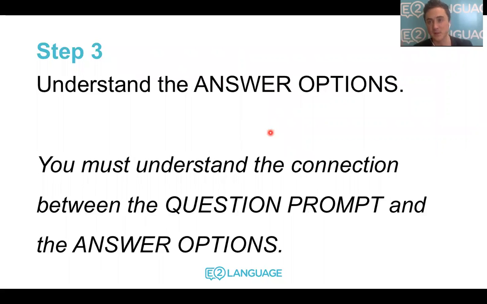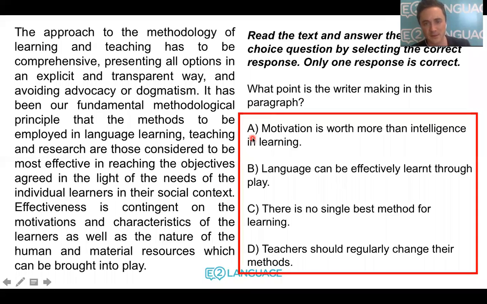Okay, so that was step 2. We understood what we need to look for. Step 3, understand the answer options. You must understand the connection between the question prompt and the answer options. So let's read through these 4 answer options, please.